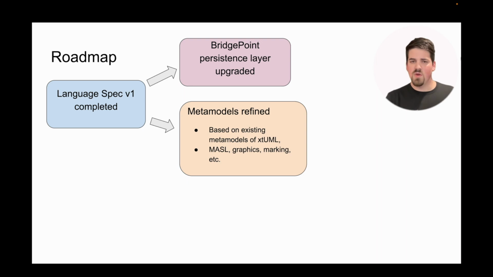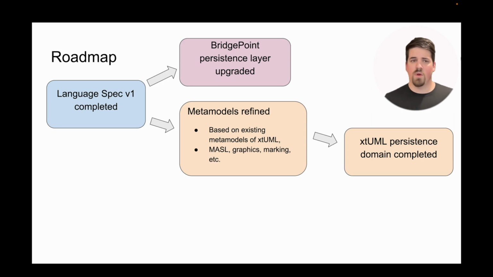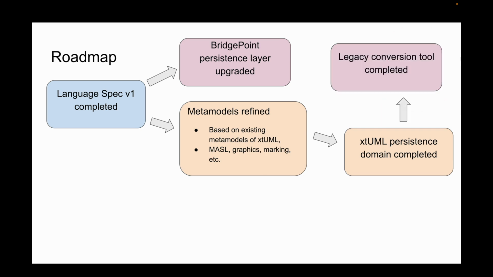We would need to do a refinement editing pass on the meta models to make sure that everything could be brought together. That's the MASL meta model, the graphics meta model, marking meta model, existing xtUML meta models. Once the spec and the meta models are refined, we can build that xtUML persistence domain reference implementation that can convert between the text and the meta model instances.